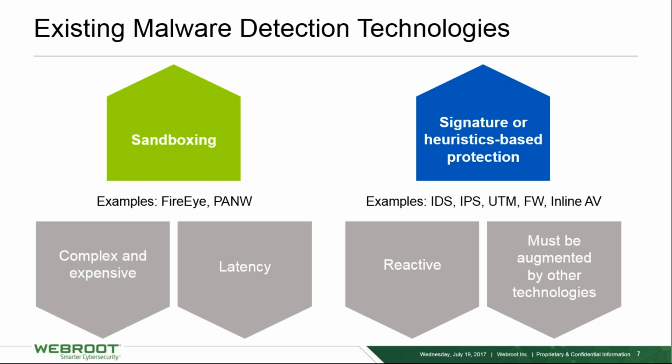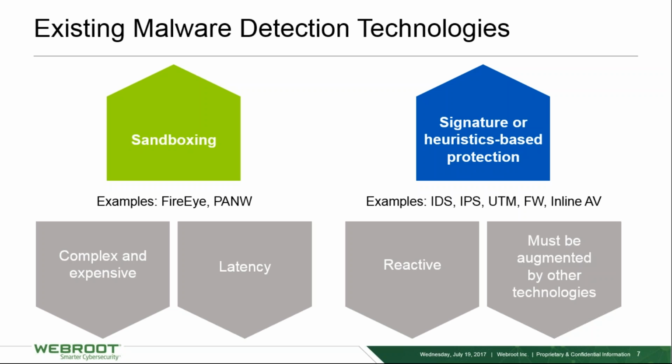Sandboxing is a traditional method of file detection. It tends to be complex and expensive, and because sandboxing takes some time to explode and execute the file and evaluate it, there tends to be queuing for the sandbox, which introduces delivery latency for files to the end user.